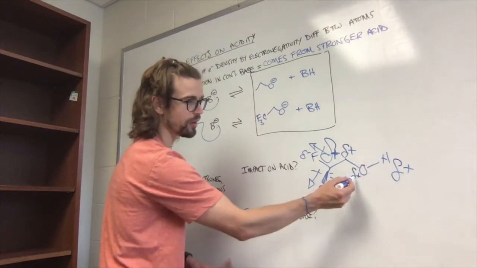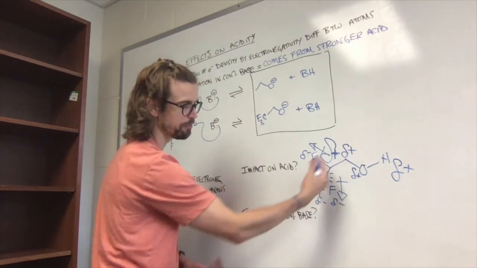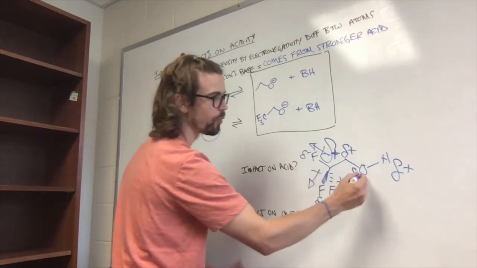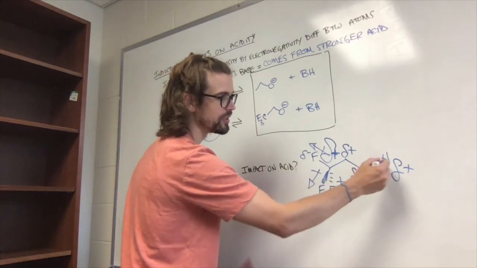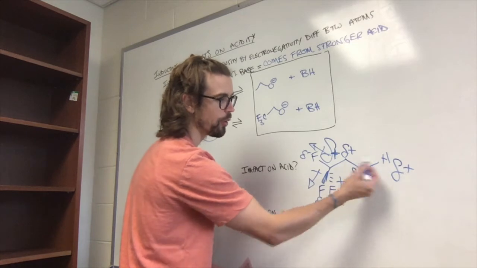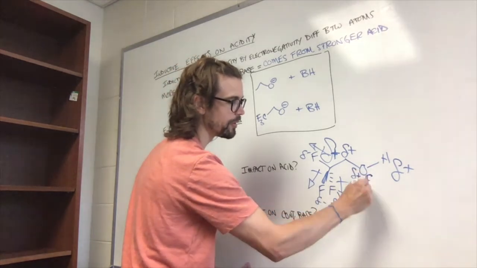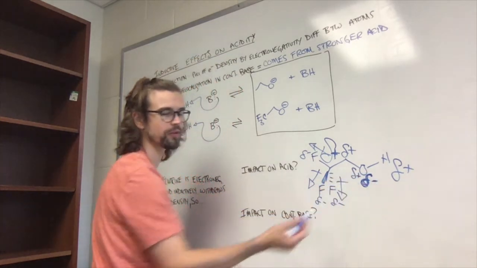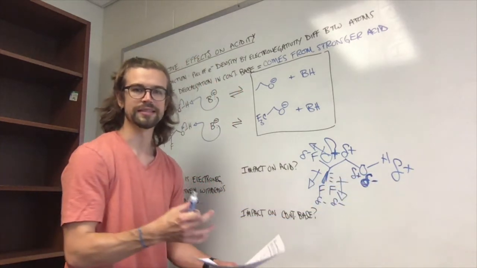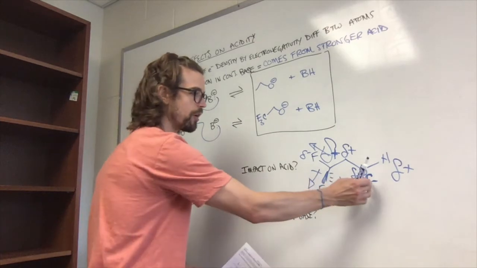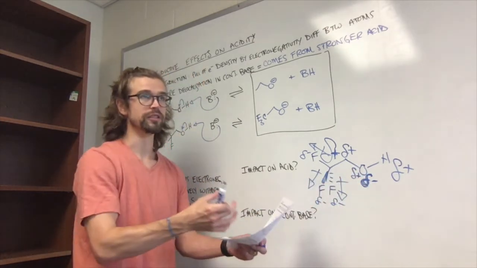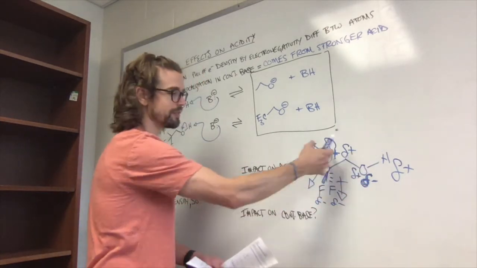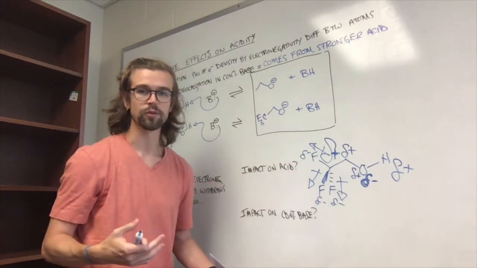What I'm going to draw on the oxygen is a partial positive because of these fluorines pulling away, but this oxygen is actually able to pull electron density from both of those. It is negative itself, but I'm just going to draw those charges next to each other. It's pulling harder because of the inductive effect of those fluorines.